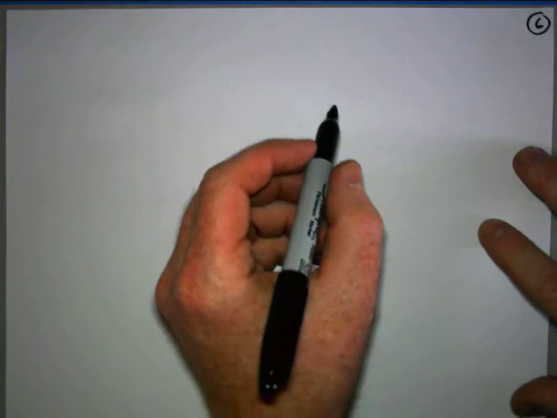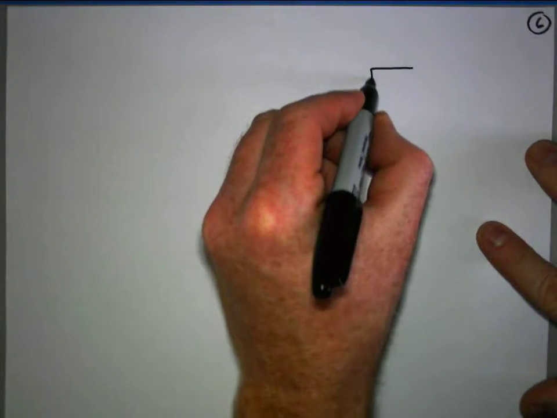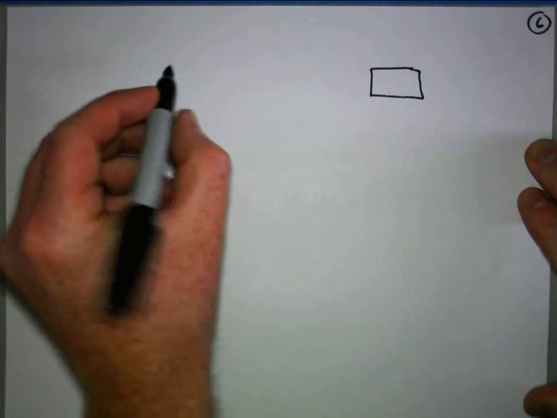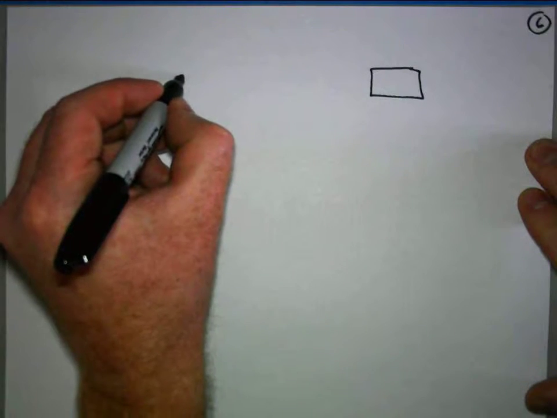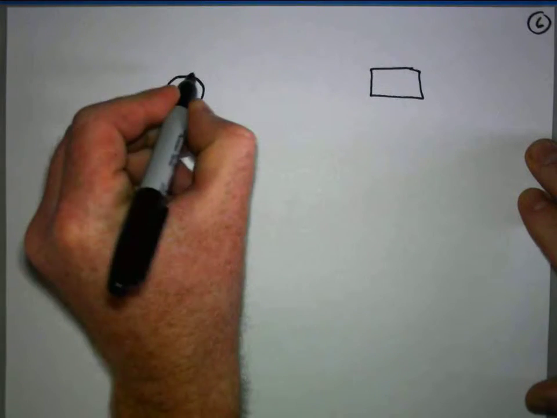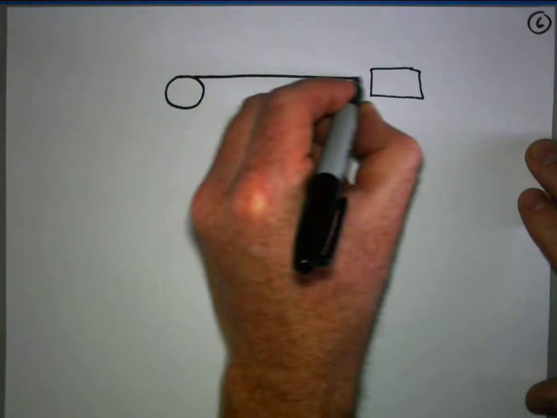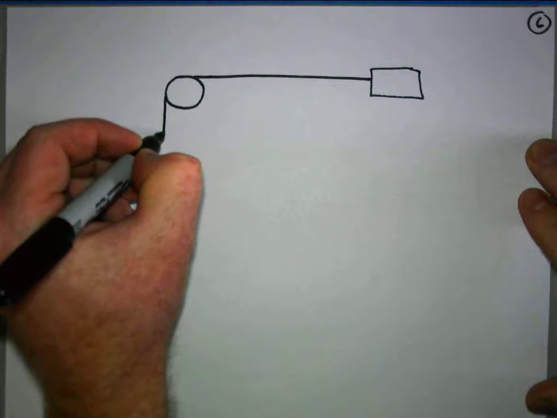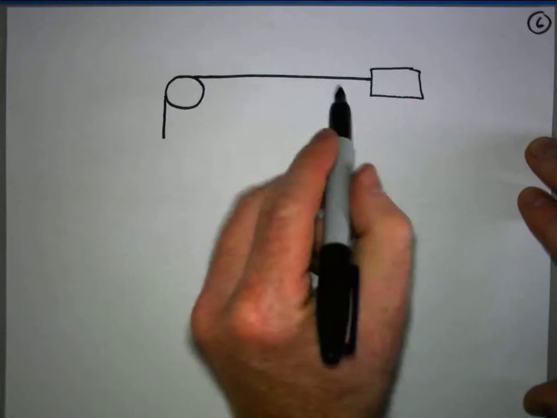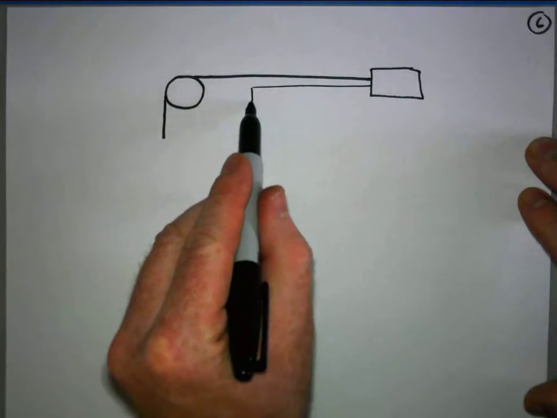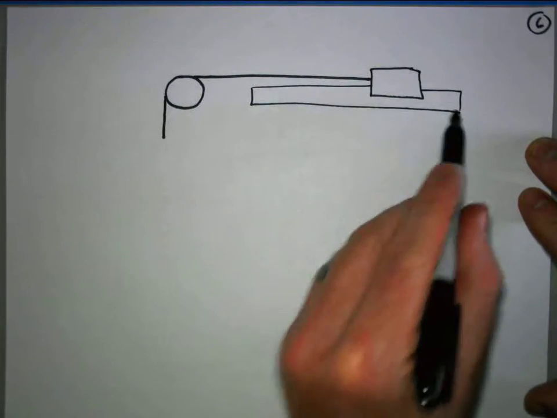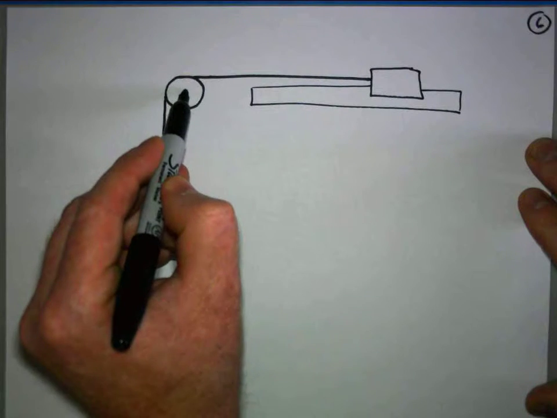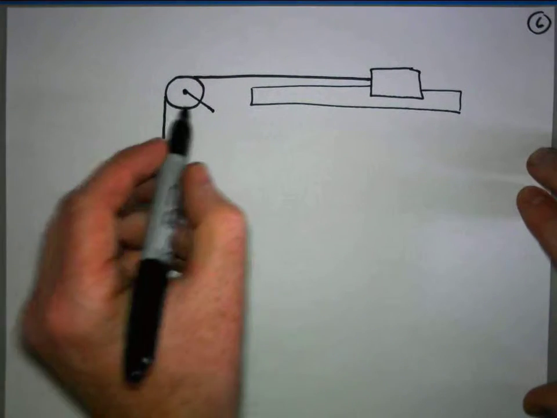So let's again have a mass on an air track. And there's going to be a pulley over here this time. And we're going to wrap the string around the pulley and be pulled straight down. So there's an air track, so there's no friction, and the pulley is just attached to some base, right?